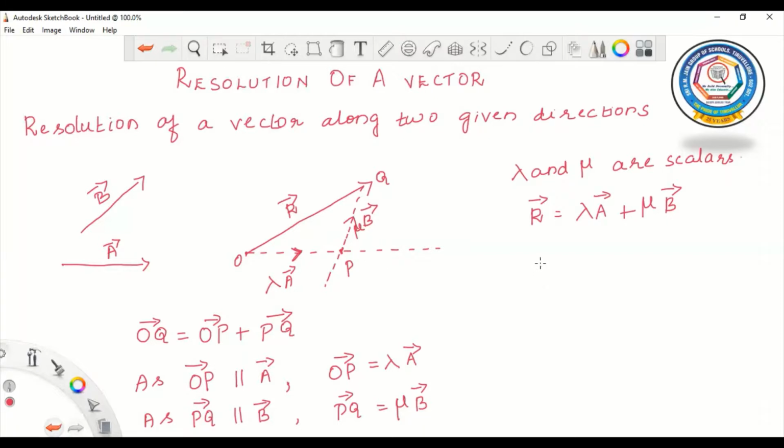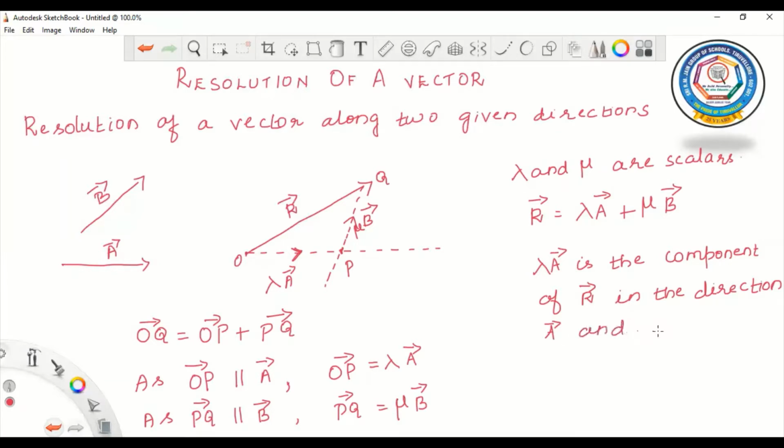So we can say that this lambda A vector is the component of R vector in the direction of A vector. So lambda A is the component of R in the direction A, that is A vector.